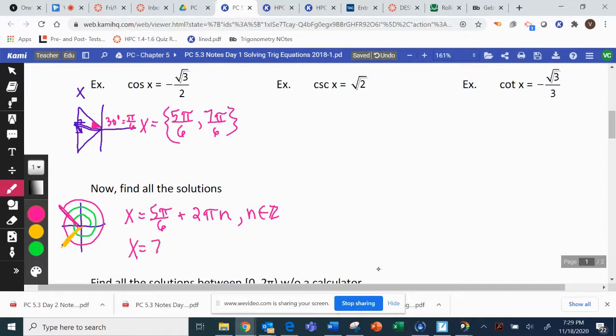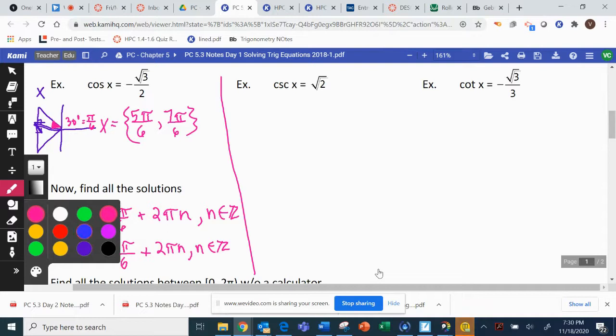So we're going to start at 7 pi over 6, and we're going to add on 2 pi, because that's what we need to get all the way around again. Multiply that by any integer, and we will have all the solutions.